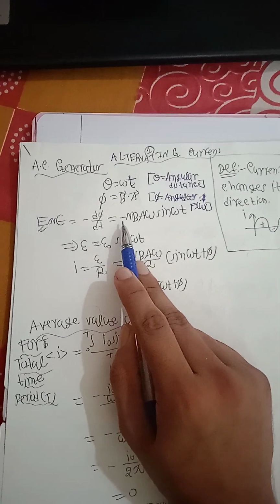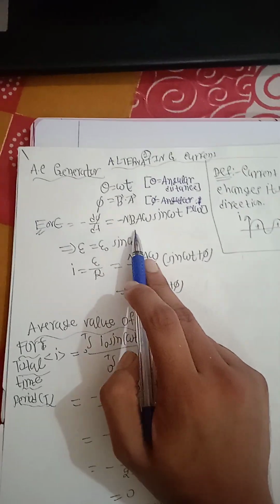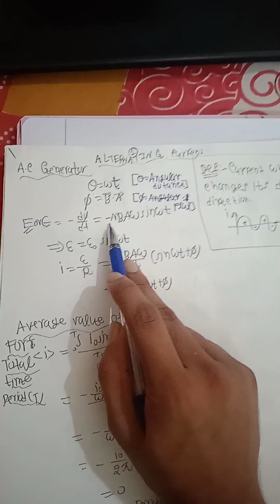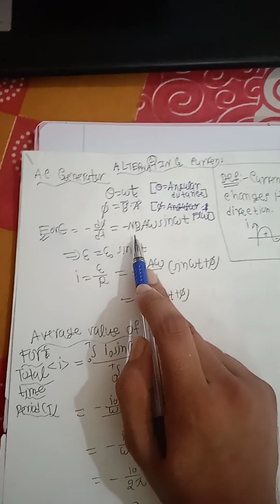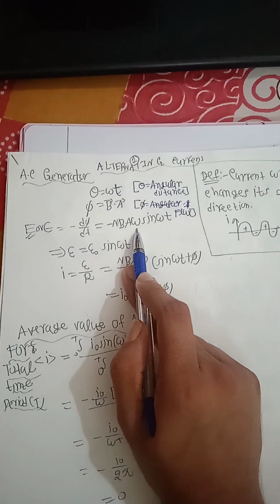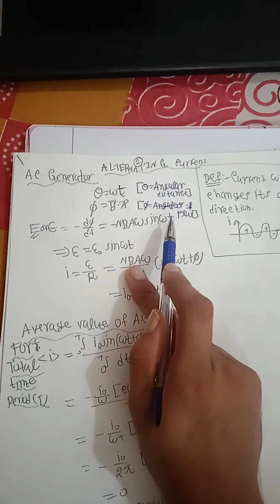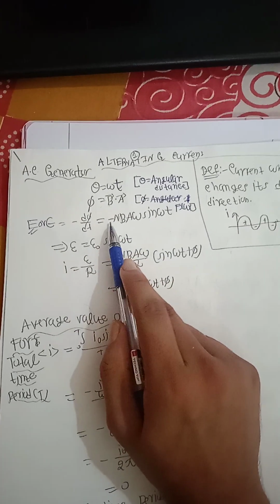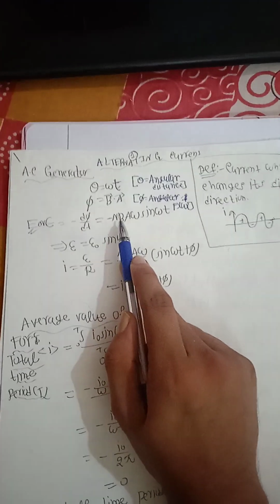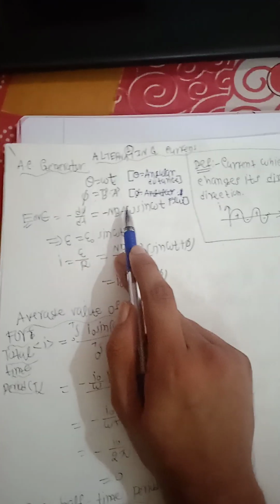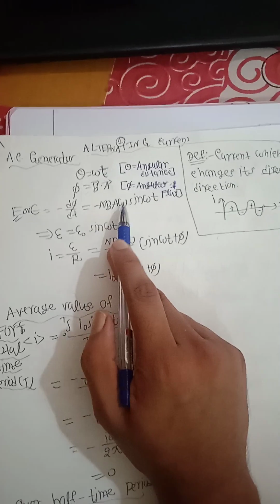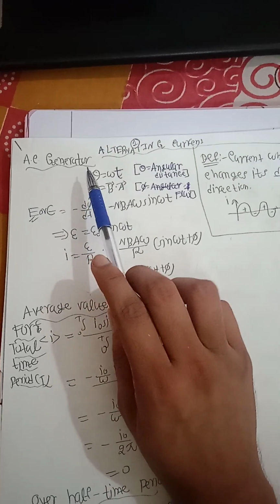So now if we differentiate this phi, then we get minus capital N B A omega sine omega t. Here capital N is the number of turns, the number of coils in the AC generator.